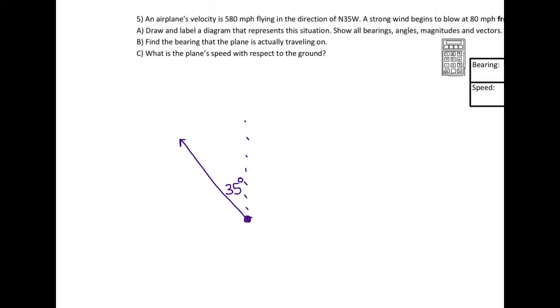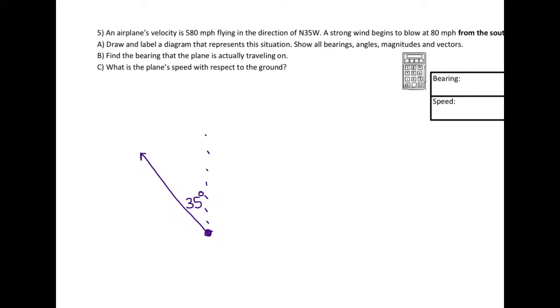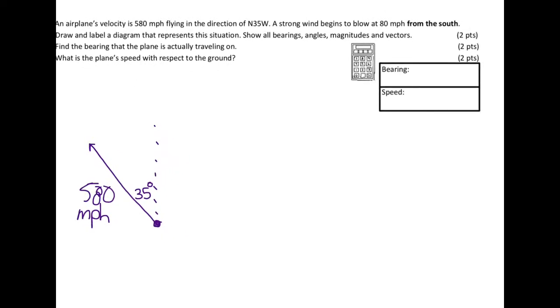And there, that purple line represents the vector of my airplane's engine velocity. So the direction I'm headed and the velocity from the engine. So I know that is 580, so I will label it as 580 miles per hour. My vectors will be representing the velocities.